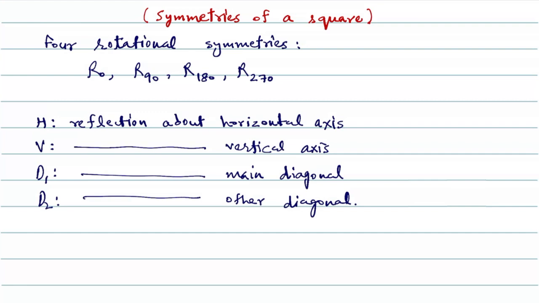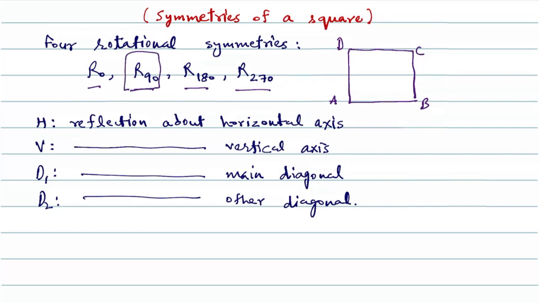A square has 4 rotational symmetries: R0, R90, R180 and R270. R0 is simply no rotation at all, so square ABCD remains as it is. The second rotational symmetry is R90.